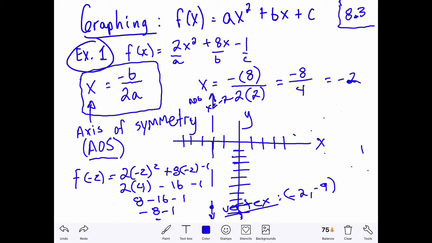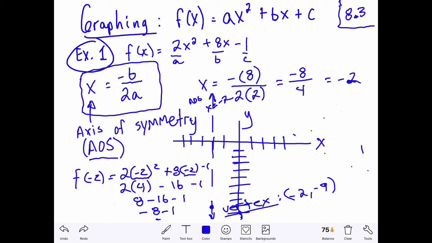All right, so once I have that axis of symmetry, x equal to negative 2, I take that value, I plug it in for x, and in this case, you plug in for every x in the function. So notice I plugged in for x, and then I squared it, and then I also plugged in x there as well. And then I have my x and y value of my vertex.